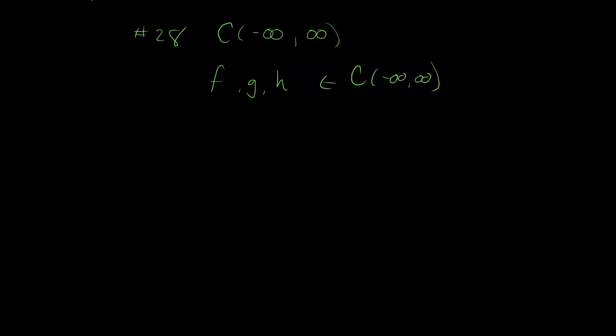So we know a few things. We know if we add two continuous functions, the result is still continuous. So this F plus G is still a member of our space.